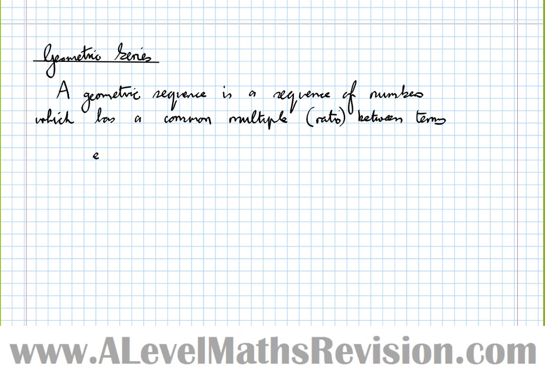So an example would be 3, 6, 12, 24, 48, etc. So doubling each time. So the ratio between terms here is 2.